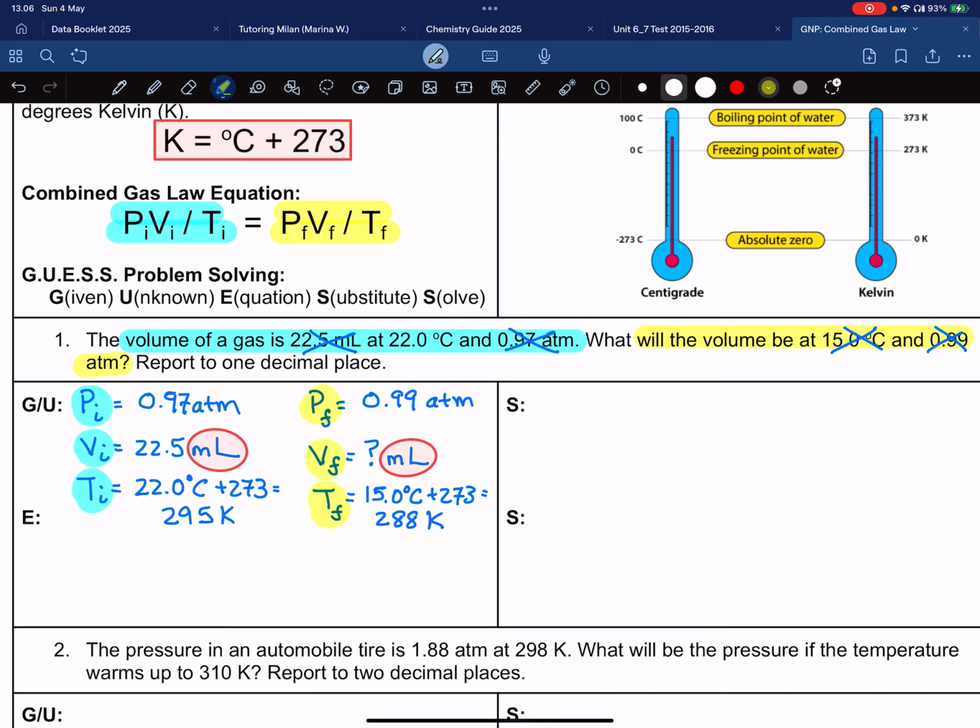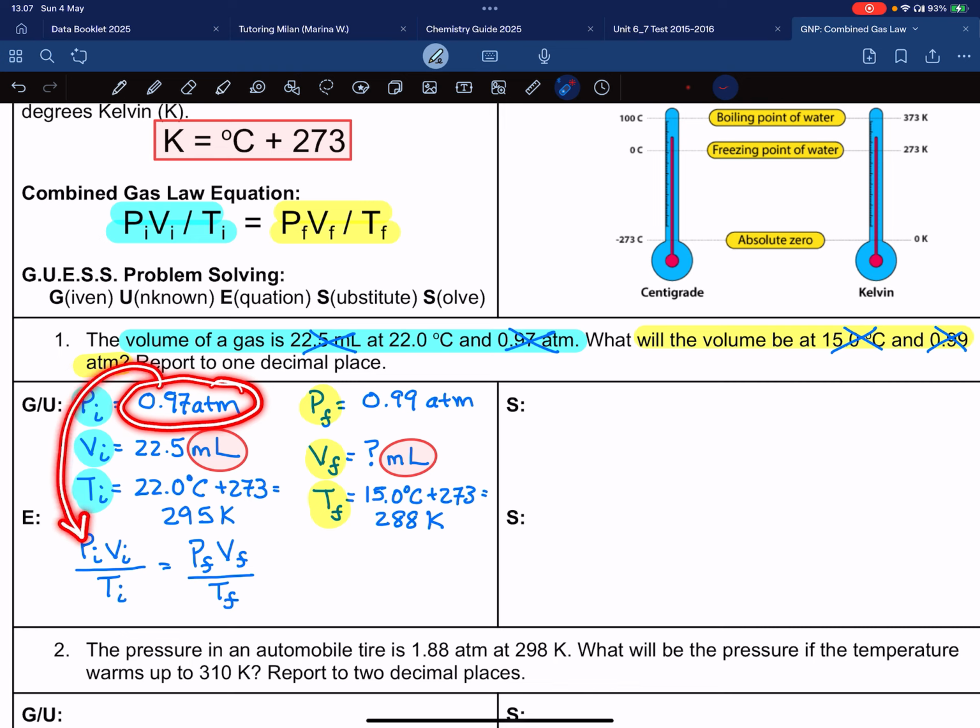So there we are. Next, we're going to put our equation in there. That's what E stands for. So the equation is PI times VI over TI is equal to PF times VF over TF. S is substitute. You're just taking the things that you know from here and putting them into the equation there.